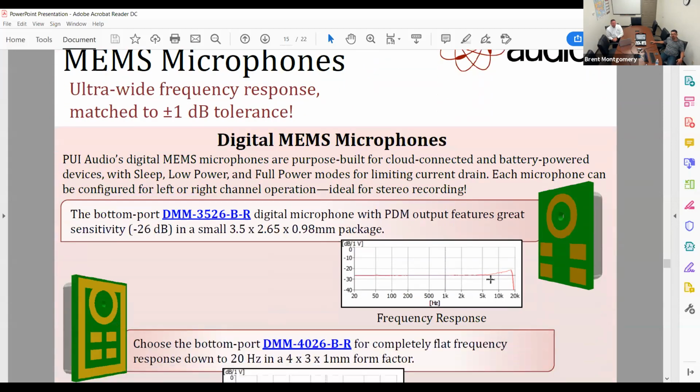What you'll notice with almost all digital MEMS microphones is that the performance above 15,000 hertz starts to drop. That's more a case of the sampling rate. The sampling rate is limited to, I believe, 48,000 hertz, which means you can only capture up to 24,000 hertz in sound.